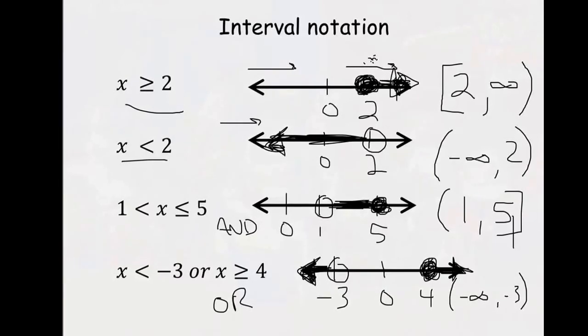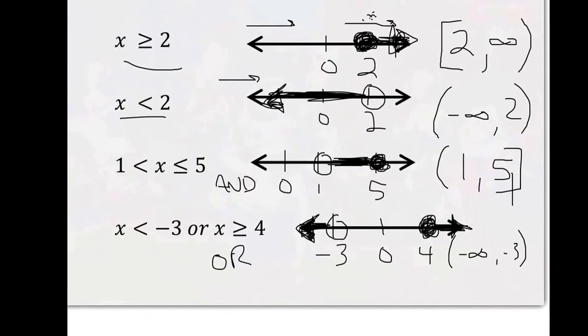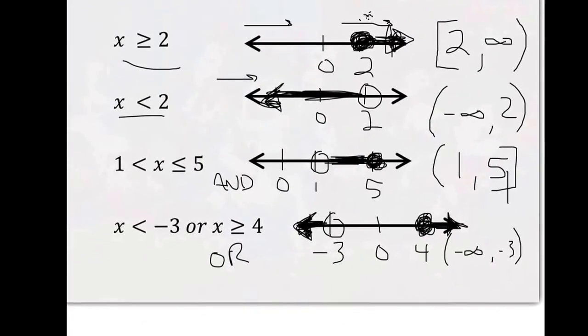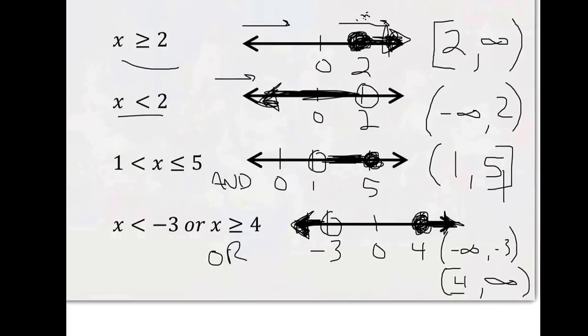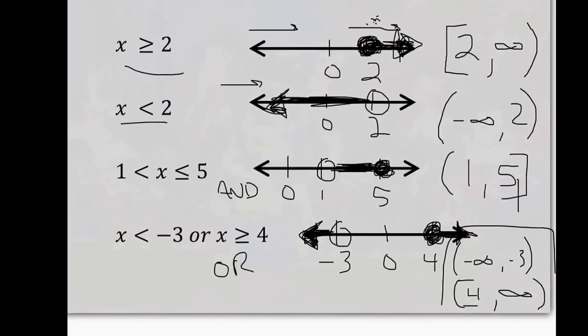After we see the negative 3, the next number is a 4, and because we have a closed circle, that's a bracket, and it goes all the way to infinity. And of course it doesn't touch infinity, so we use parentheses. So this whole combination is the interval of x is less than negative 3 or x is greater than or equal to 4.